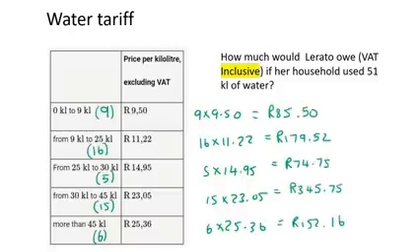So there we have all the totals for each category, and if we add all of these numbers together, they add up to 837.68. Now remember that this excludes VAT, but they want the price with VAT.